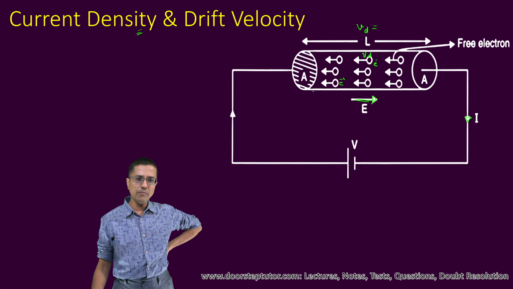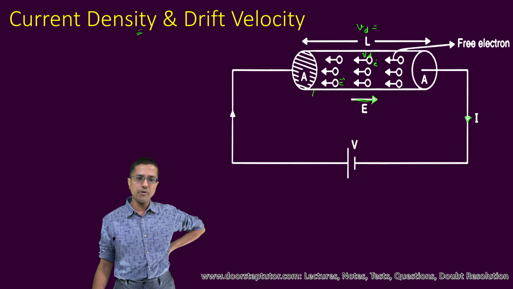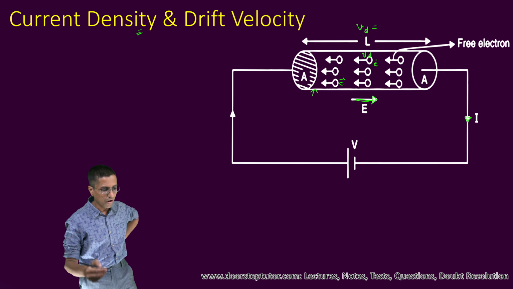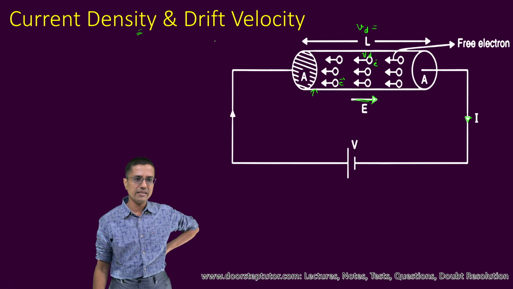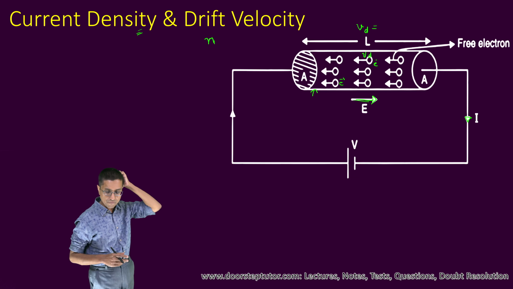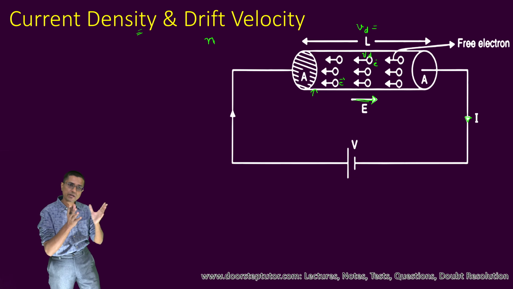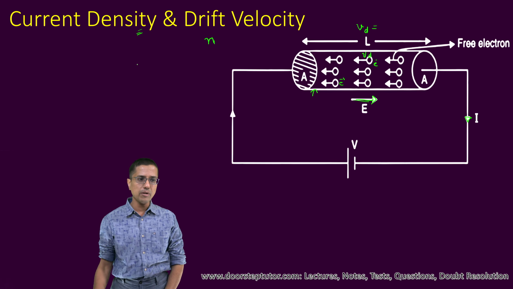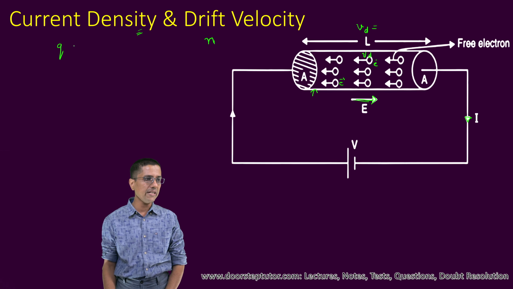What is the total number of charges in this conductor? Let's assume that the density of these charge carriers is n per unit volume. So there are n charge carriers per unit volume. Then what is the total charge present in this conductor at a given point in time?